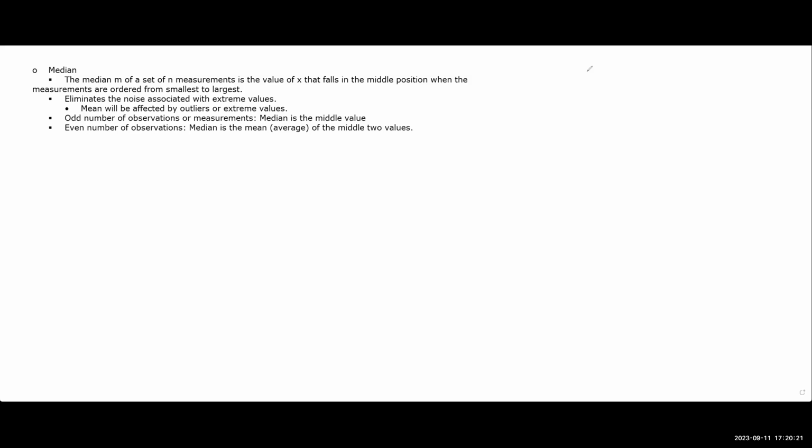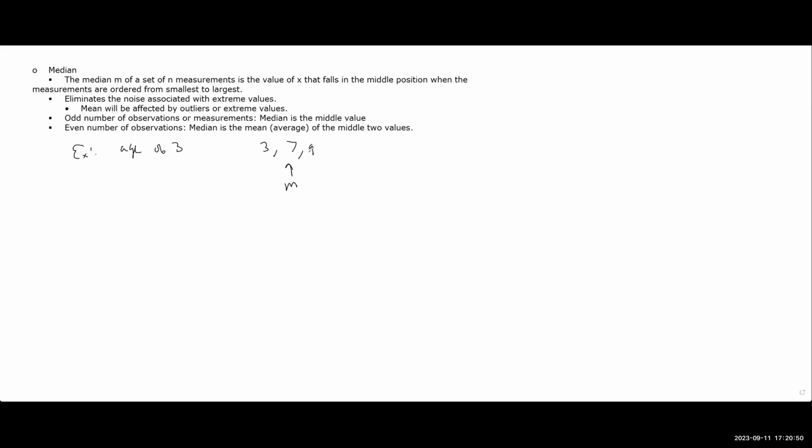If you have an odd number of observations, then the median is the middle value. If you have an even number of observations, the median is the average of the two middle values. Okay, so for example, let's say we collected the age of 3 people. So we have 3, 7, and 9. And someone says, well, what's the median? This is the median, 7.